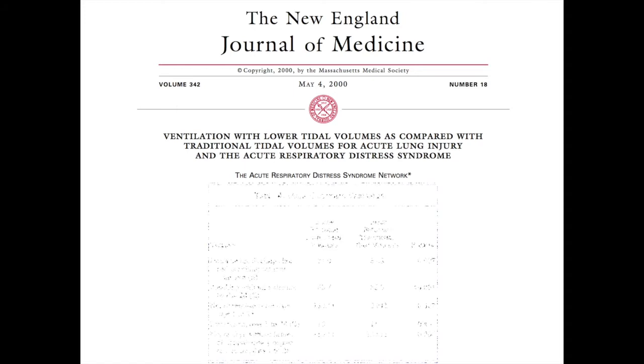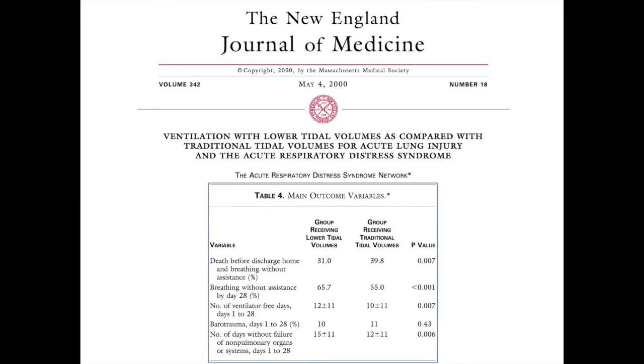Here's Table 4 of that study, which shows its main outcome variables. Let us focus our attention first on the first main outcome, which is death before a patient was discharged home and was breathing without assistance. Take note that death here is regarded as the success event.